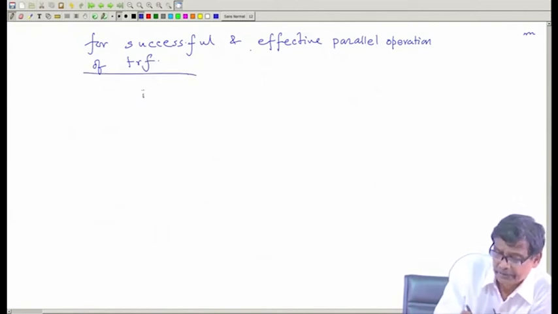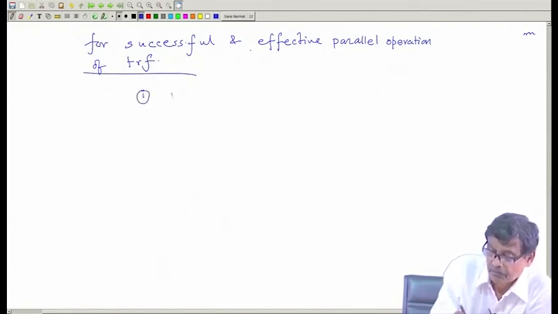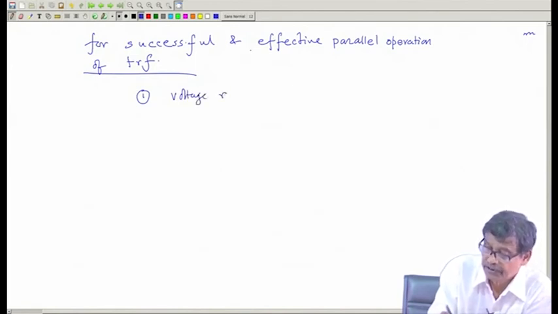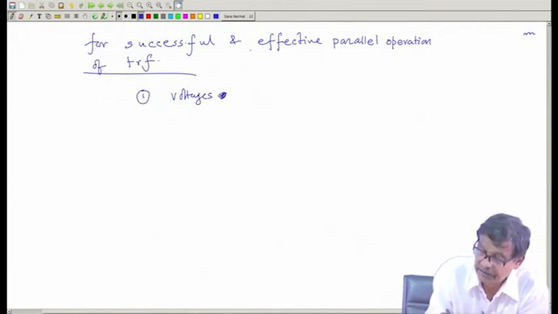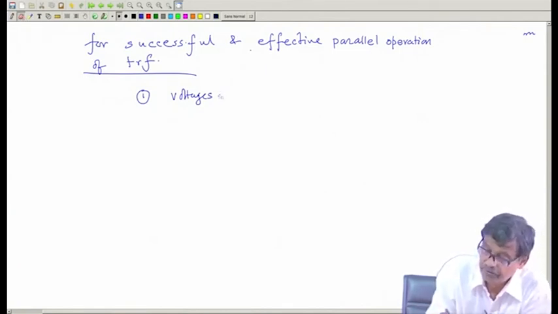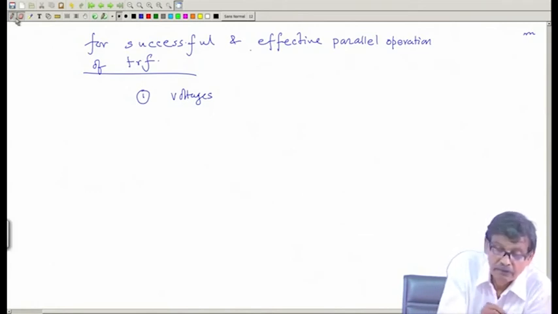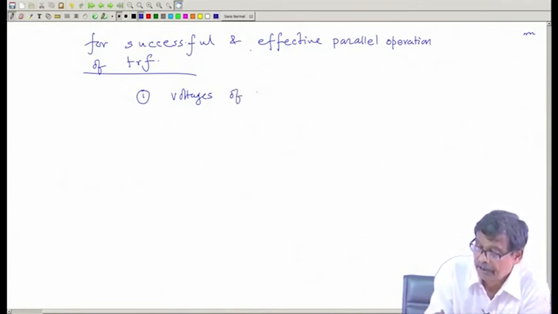We list voltages, not voltage ratios, voltages of HV and LV side should be same.